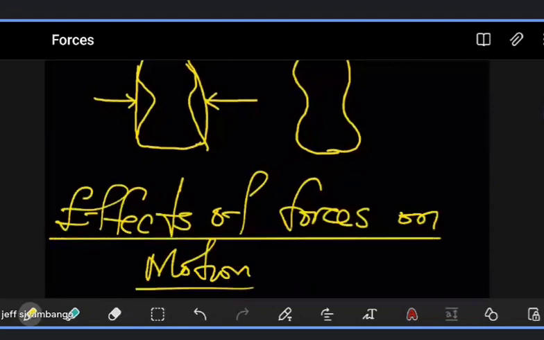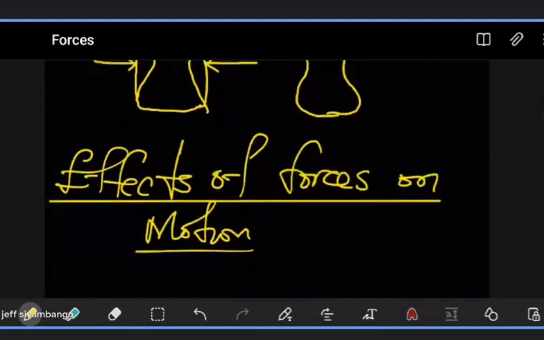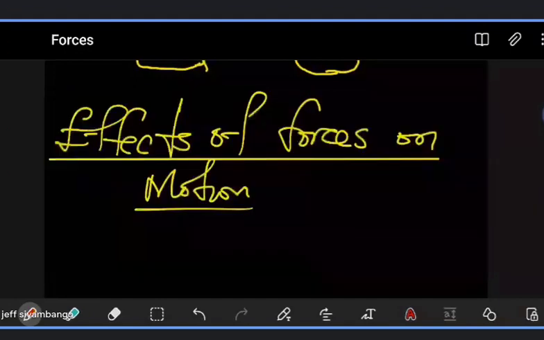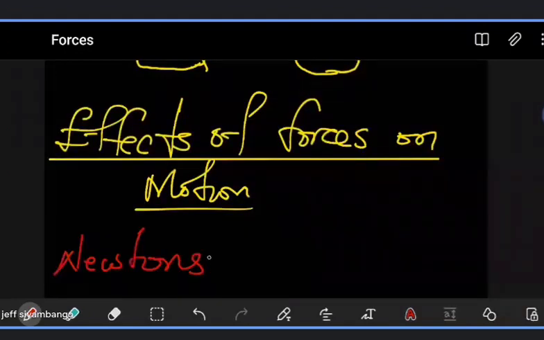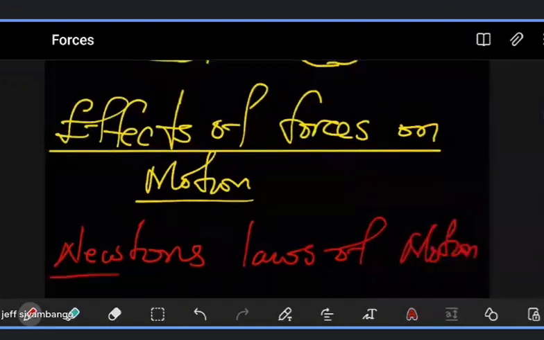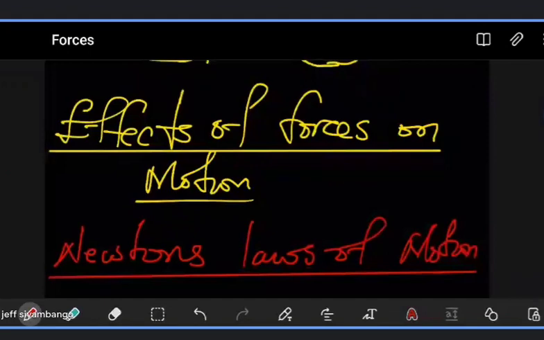Now, the description of the effects of forces on the motion of an object is actually what leads us to look at Newton's laws of motion, because Newton's laws of motion govern, or tell us, how forces affect the motion of an object.